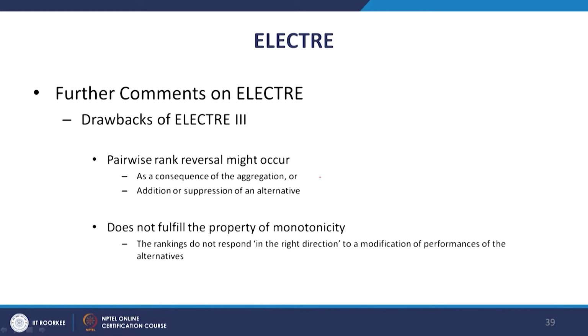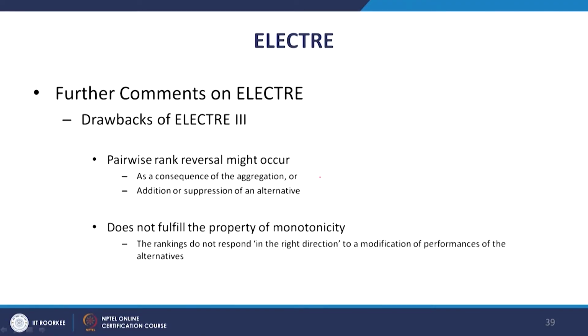Then another drawback is that pairwise rank reversal might occur. This could be a consequence of aggregation: the local pairwise comparisons might indicate one thing, but when we aggregate while deriving the global relations, rank reversal might occur.